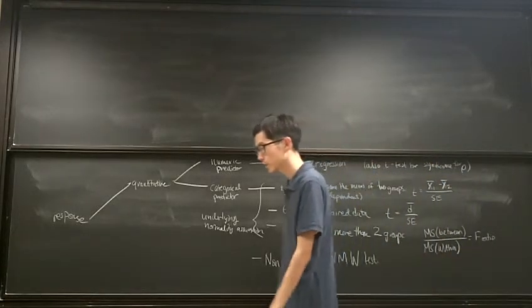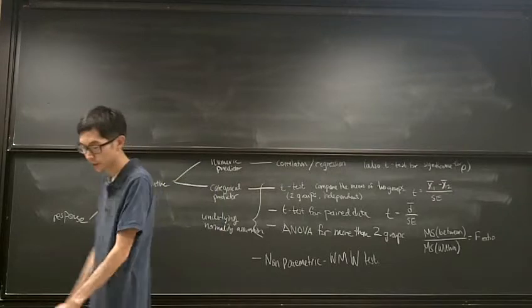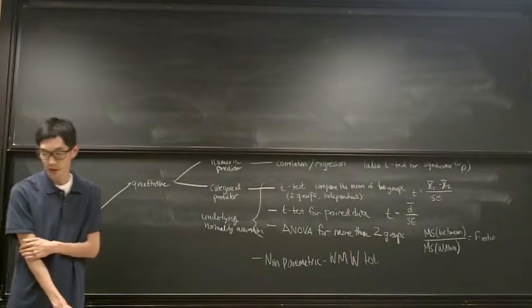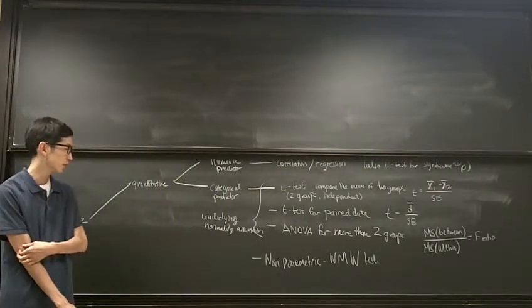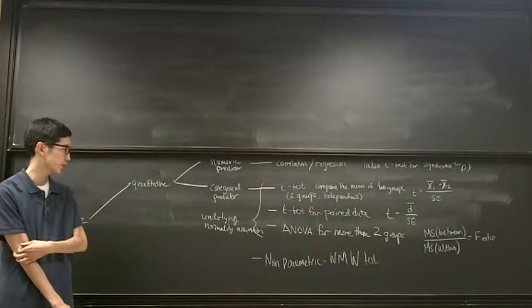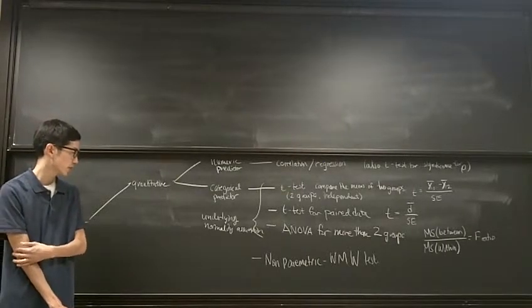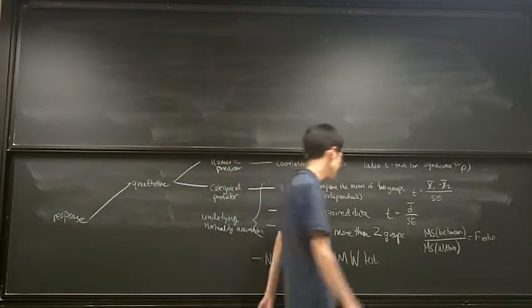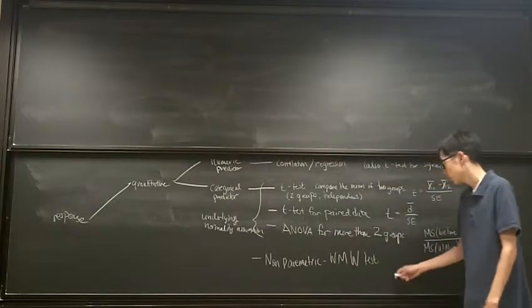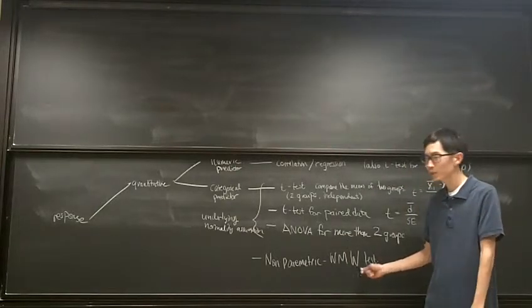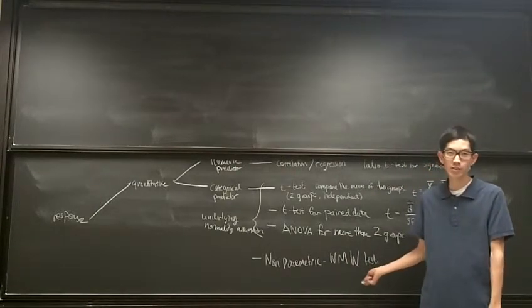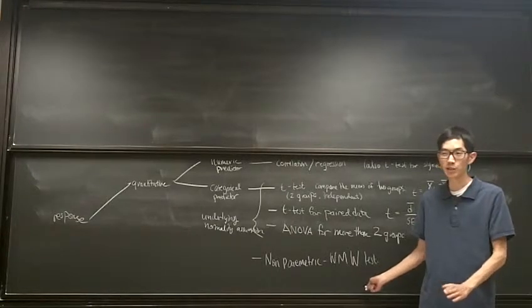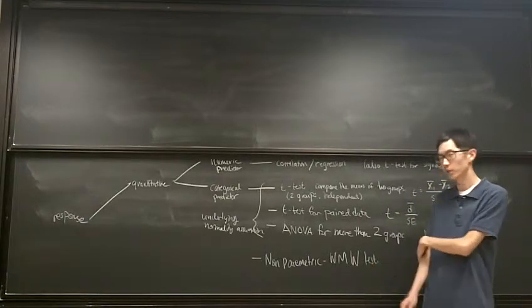So if the normality assumption doesn't hold, then you could use the non-parametric Wilcoxon-Mann-Whitney test, okay? And when do we use this? Basically, if you have major outliers, that is an indication that this normality assumption doesn't apply, and that would be a good time to use it.